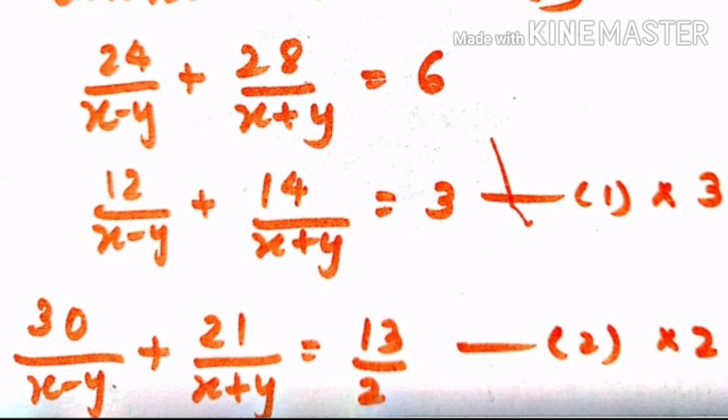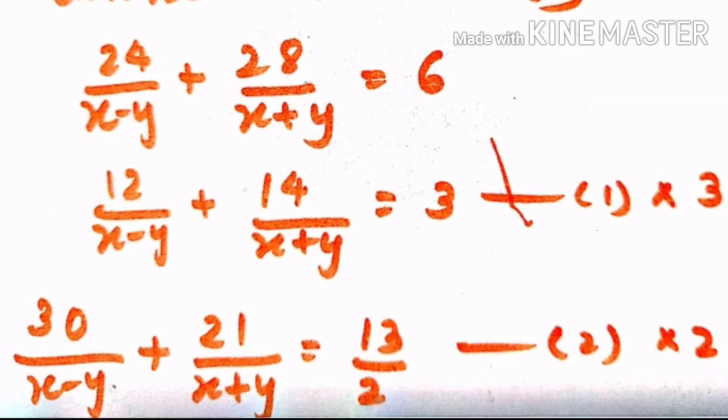So here we found two equations, equation 1 and equation 2. Now to solve these two equations, I have used direct multiplication, equation 1 with 3 and equation 2 by 2, and then subtracted.